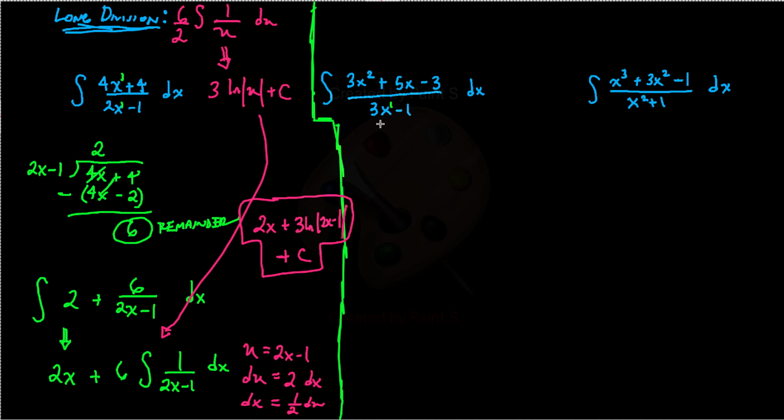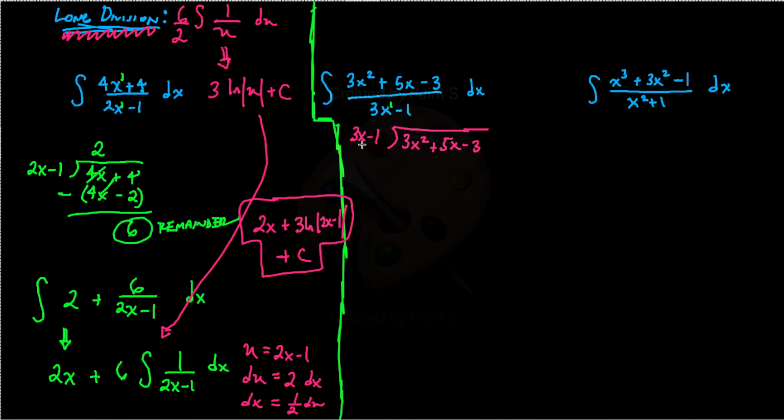Now this one, same thing, same idea first. It's a rational function. Good tip, good indication that I probably want to do some long division. The degree of the bottom is less than the degree of the top, so I do this division. So I get 3x minus 1, and I'm dividing that into 3x squared plus 5x minus 3.